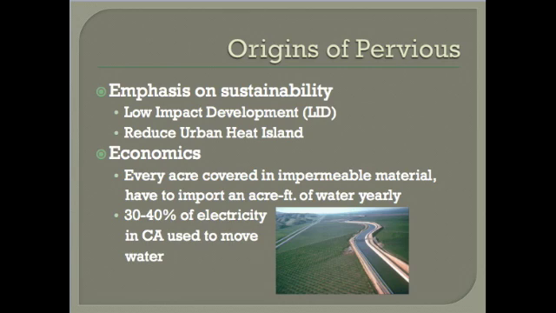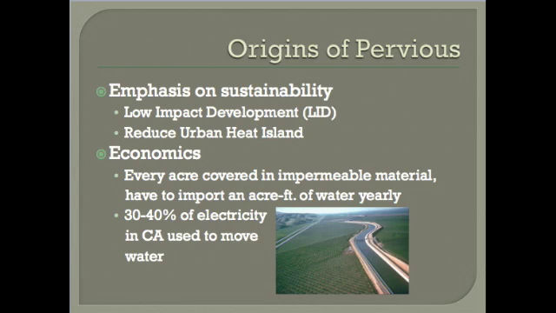Now, for the economics of concrete, you must think that for every acre covered in impervious material, you have to import an acre-foot of water every single year. Now, this isn't a huge problem for rural and mixed-use areas, but when you get into more densely populated areas with a significant amount of impervious area, you have to import a significant amount of water.